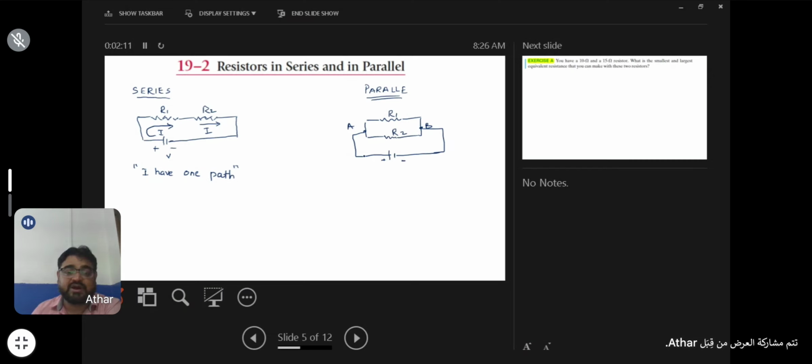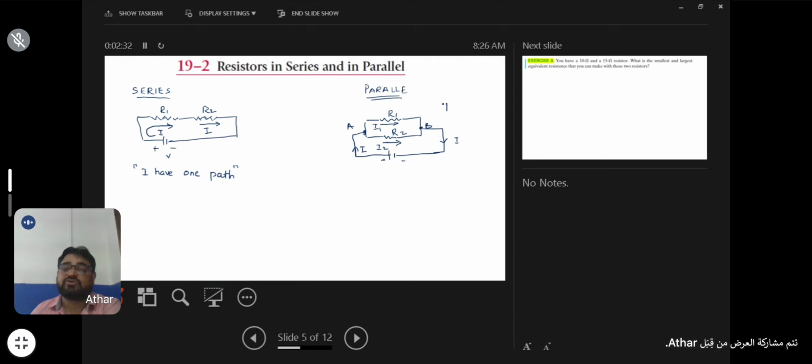The current that is provided by the battery, let's say it is I, when it reaches terminal A, it will have two different paths to flow. It will change to I1 and I2. But when it reaches B, it will again combine and it will become I.